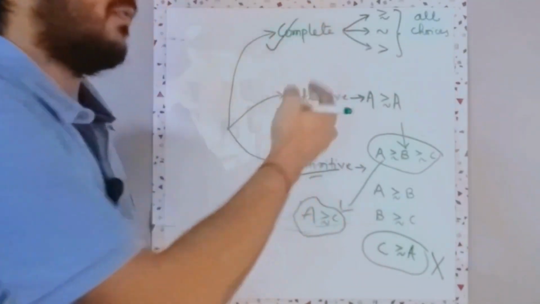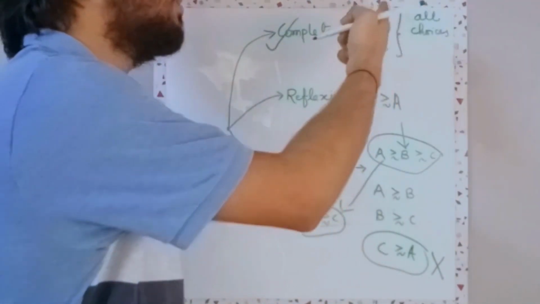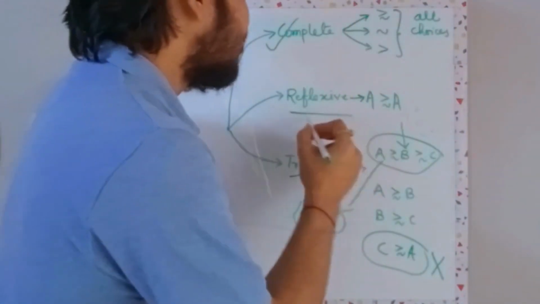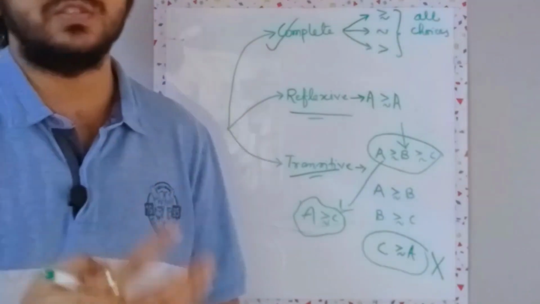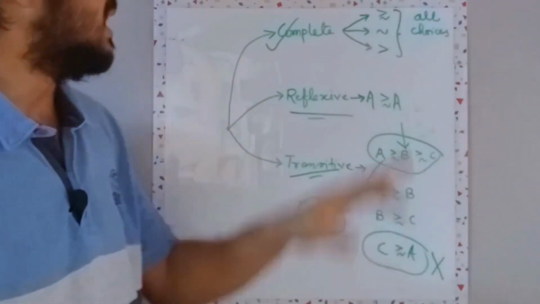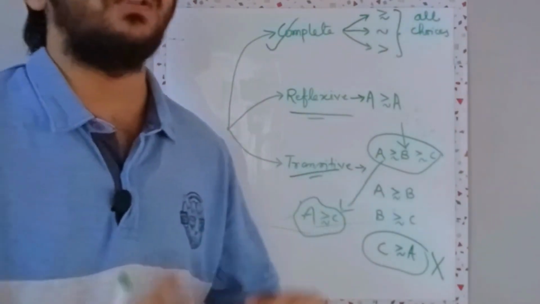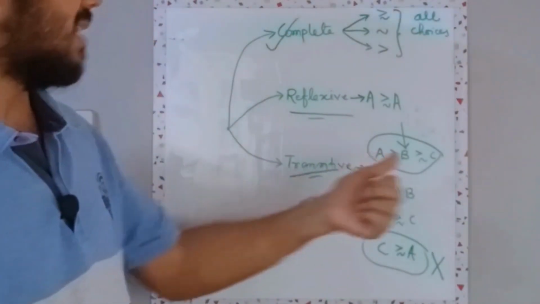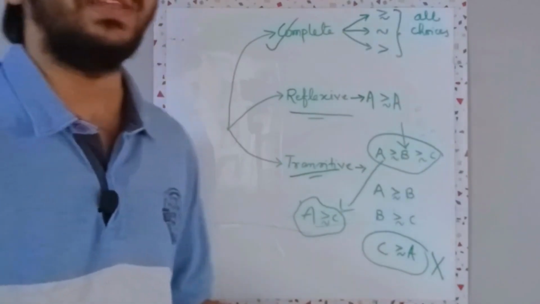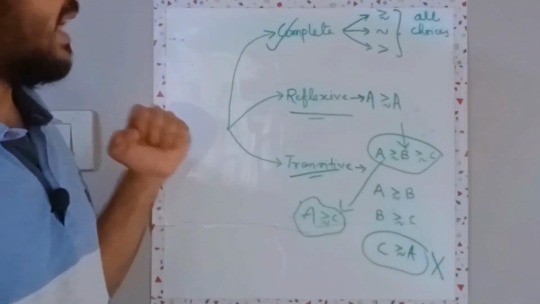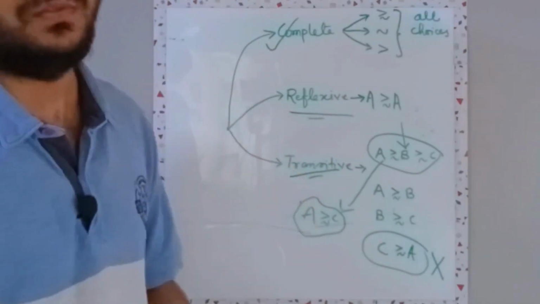Complete. This is important. If this is not true, then obviously you cannot compare all the consumption bundles. Now reflexive. This has a mathematical and philosophical ease to it, so you can leave it for now. And transitive obviously has a logical basis to it. If it's not transitive, definitely you land in very strange situations. So this is the basic idea about axioms of consumer preferences.